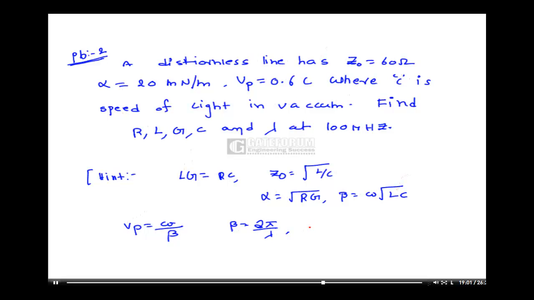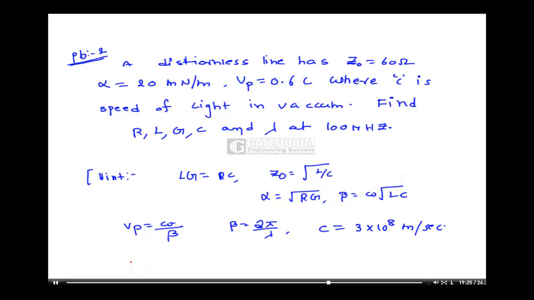And one more thing, c value, that is speed of light, 3 into 10 power 8 meter per second. So these are some known parameters for a distortionless line. So just relate these things so that you have to calculate the primary constants, that is R, L, G, C.